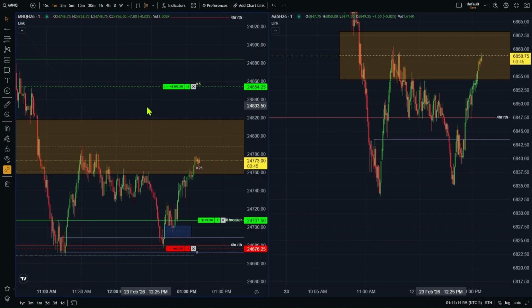ES is pushing higher, it's kind of leading the way. Nasdaq's going down while it's going up. Looked right in the middle of that fair value gap to the downside on the 15-minute chart again.